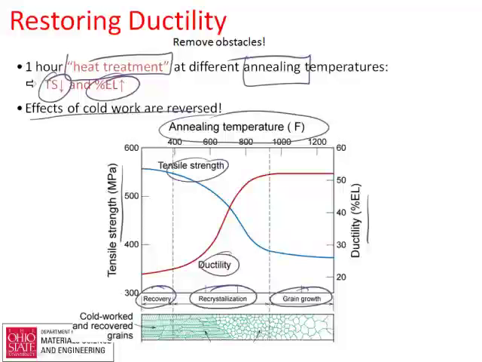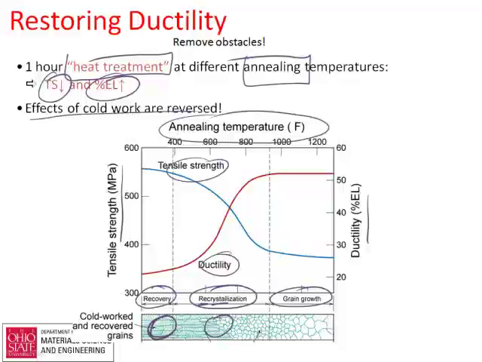What recovery is basically, you're not making new grains, but you're softening the grains that you have by reducing the dislocation density within them. You put more temperature in, you get recrystallization. Should be clear what it means: new crystals are being formed, and you see new crystals being born out of old ones.